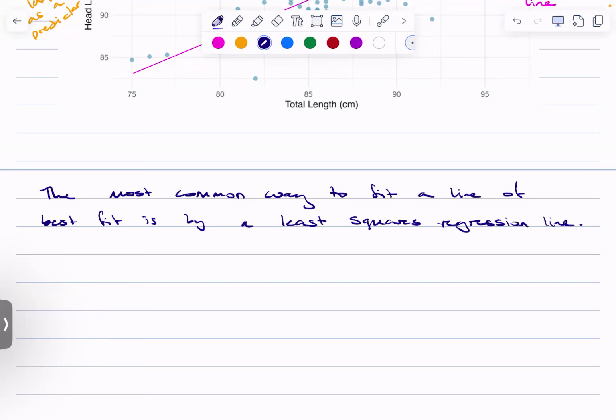There are other methods, but this is going to be our go-to, and it's kind of the only one. I think it's the only one that Excel does for linear relationships. Most software just uses the least squares regression line. Now, what does the least squares regression line do?